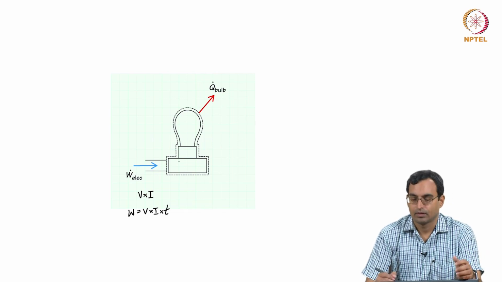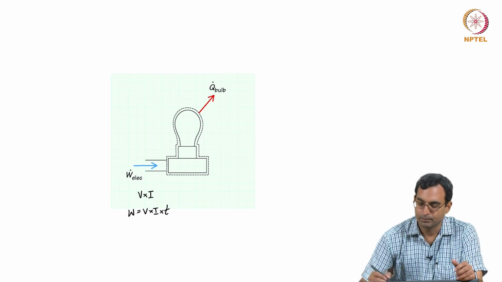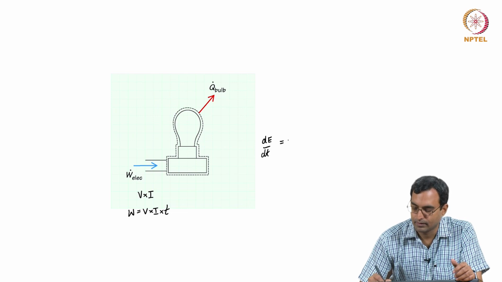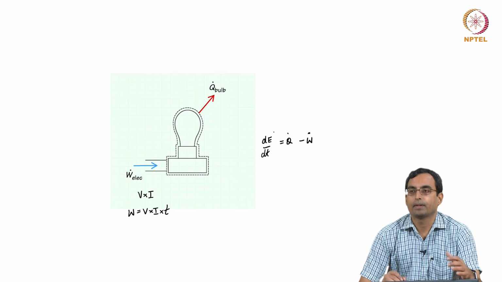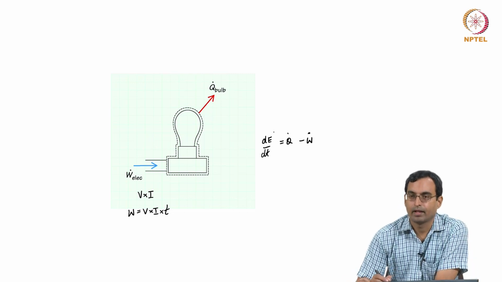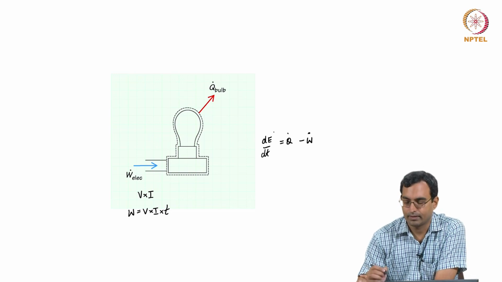So if I was to write the first law for this bulb, I would have dE by dt is Q dot minus W dot. This bulb is not moving anywhere, so its potential and kinetic energy are the same. If its temperature is also the same, then the internal energy is also the same.